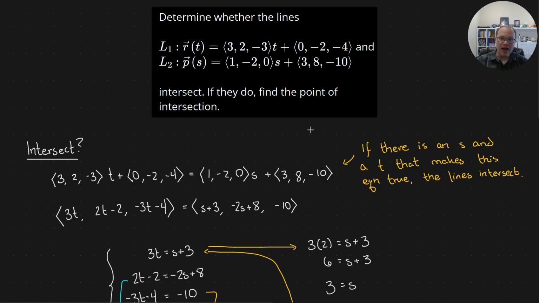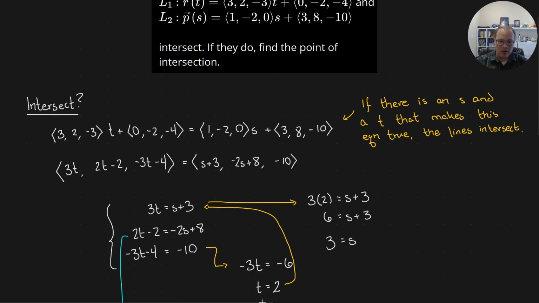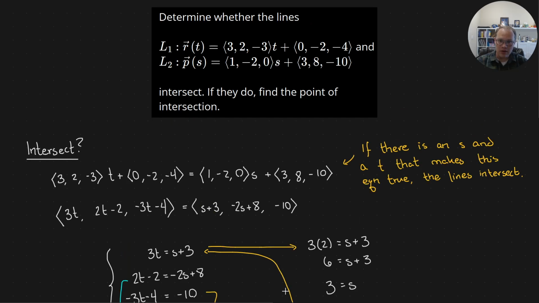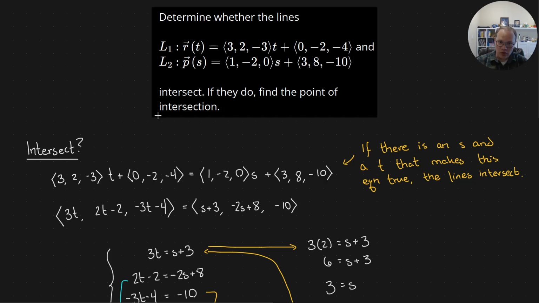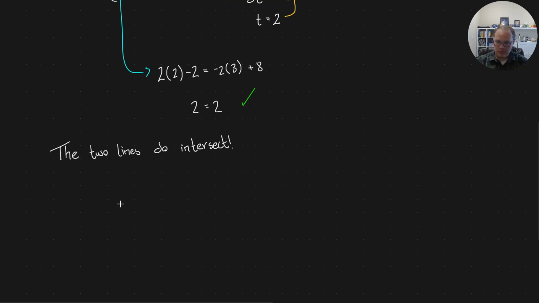Okay, so to find the point of intersection, I either need to plug the value of t I found into L1, or I need to plug in the value of s I found into L2. And if I've done the math right, they should give me the same answer, so I only need to do it for one. Okay, so let's plug in the t. t equals 2 into line 1.